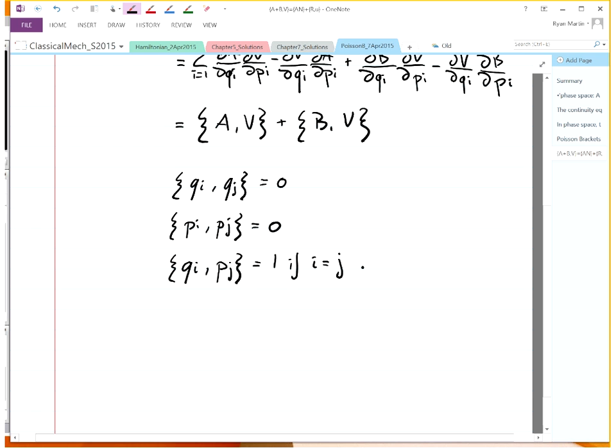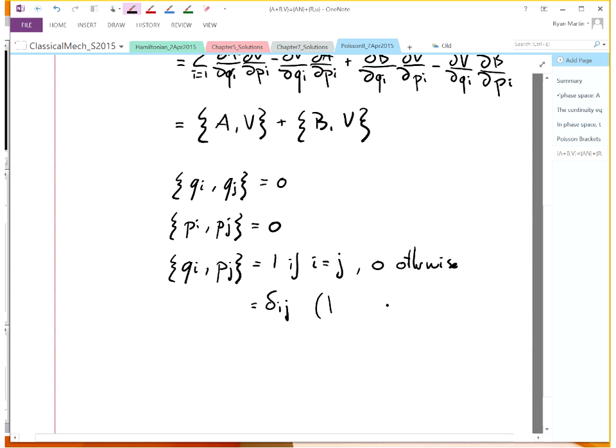What I get is 1 if i is equal to j, and 0 otherwise. It's a little bit cumbersome to write that down every time, so actually we have a notation for that.